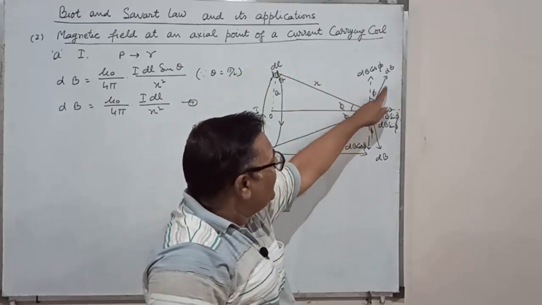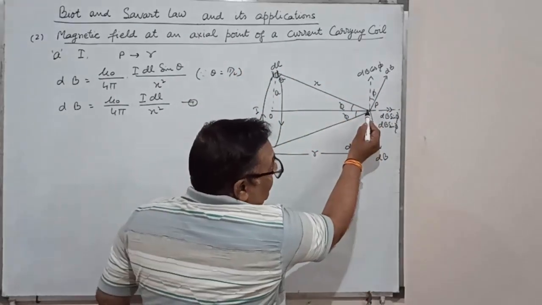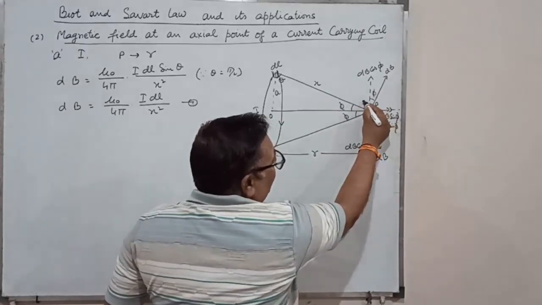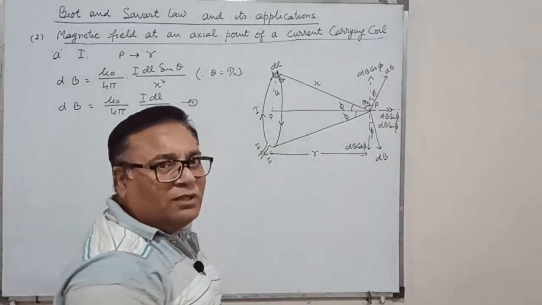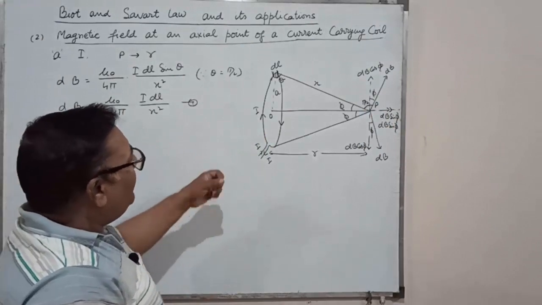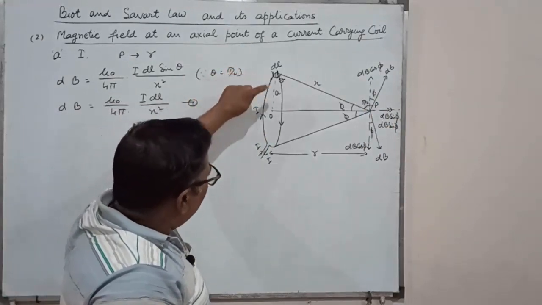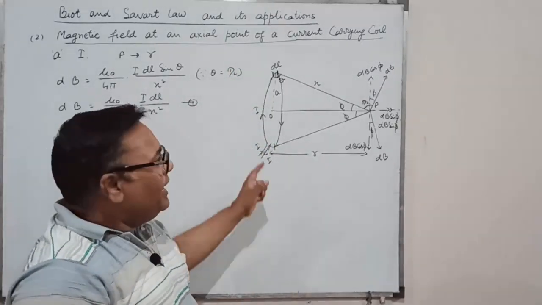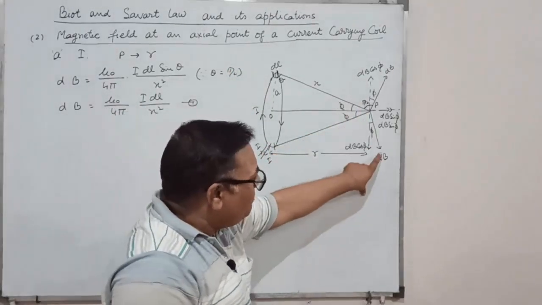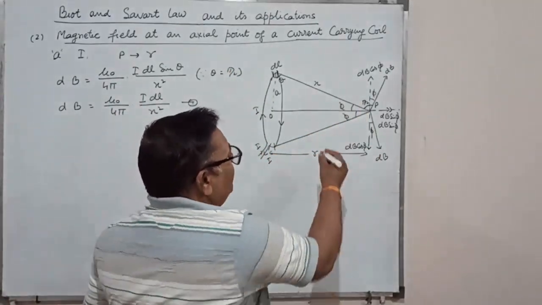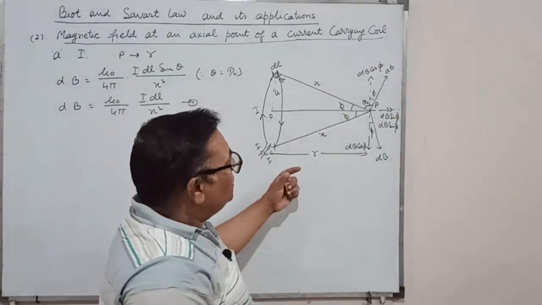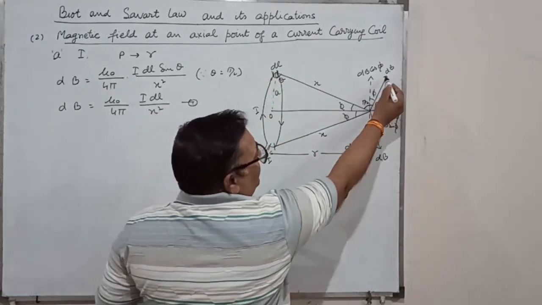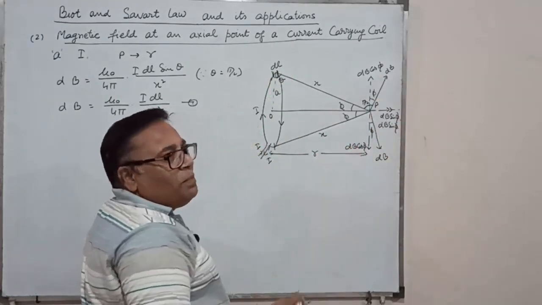So this direction is dl, not in a straight line. Perpendicular, this angle is 90, pi by 2. Clear? Same way, dl here is in the opposite direction, and the magnetic field intensity is the same, dB, and this distance is also x. So we get at this point this dB and this dB.